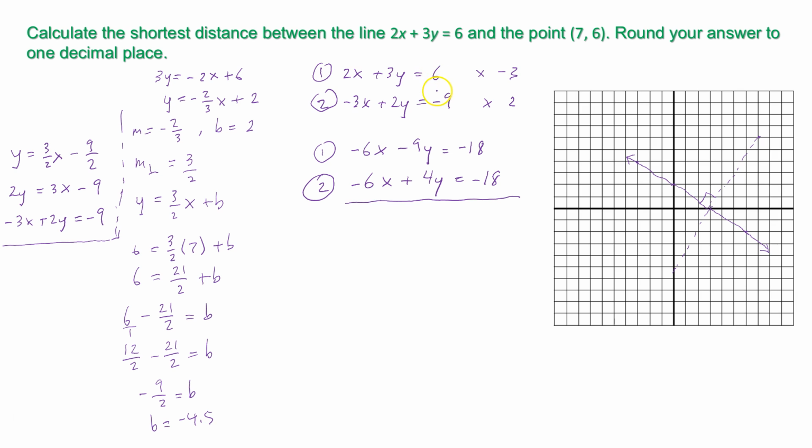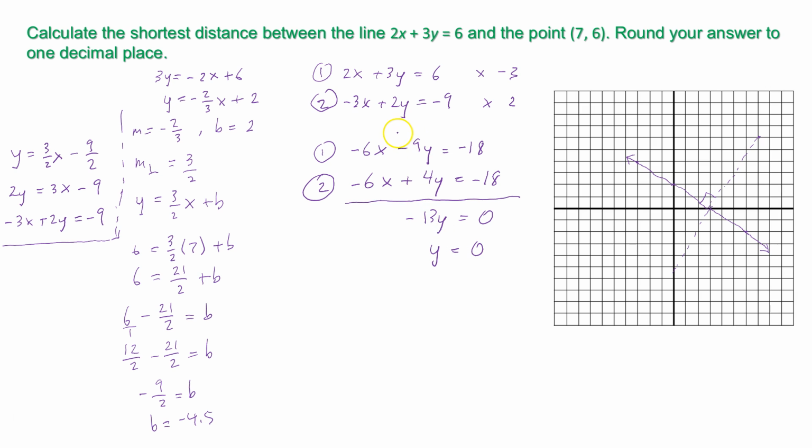And now eliminating, subtracting these, it's going to become 0x. So subtracting these, this is going to be negative 13y, and this is going to become 0. So according to this, y is equal to 0. Okay, so y is equal to 0.